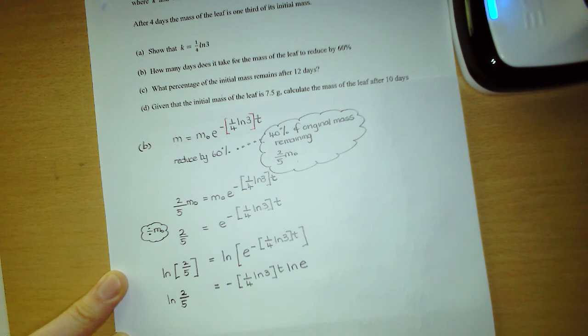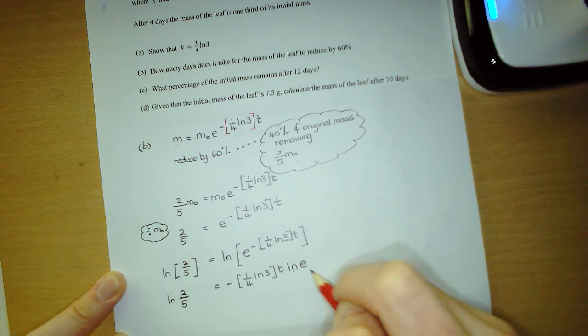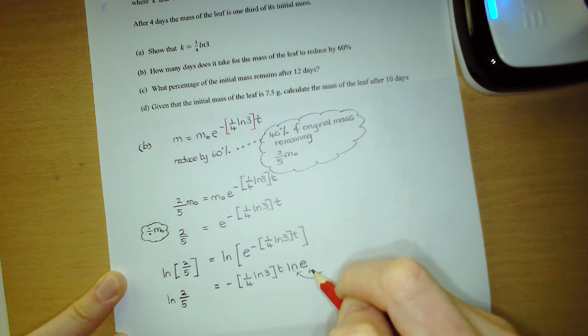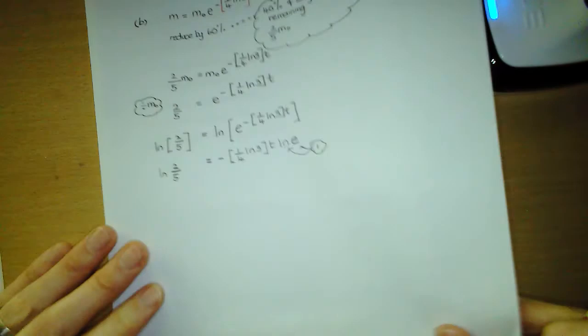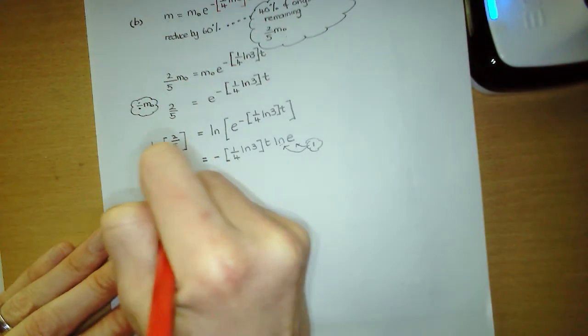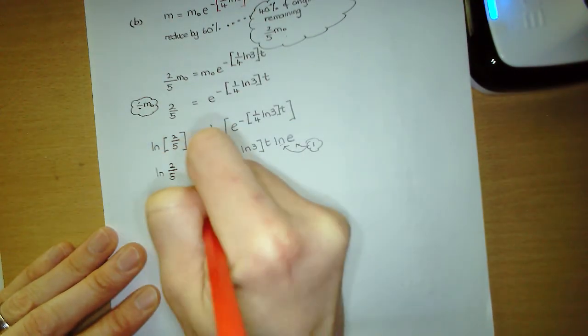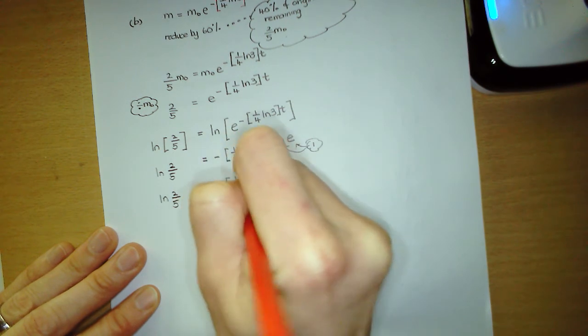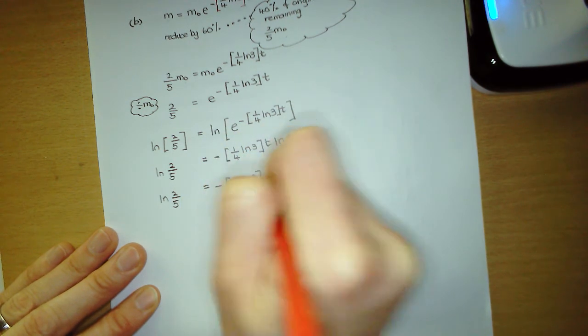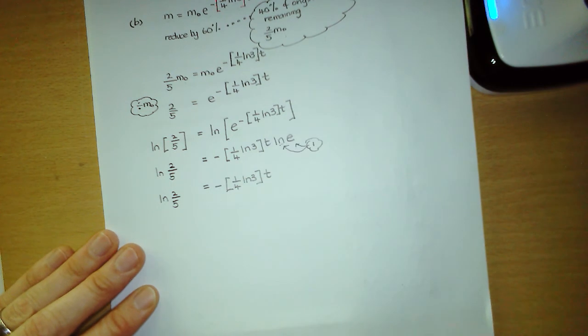Now, we're taking the natural log of e, just like we talked about in example 1 and before. This just gives you 1. Taking log to the base e of e ends up giving you 1. So we're going to be left with natural log of 2/5, and that's just equal to minus a quarter natural log of 3 multiplied by t.